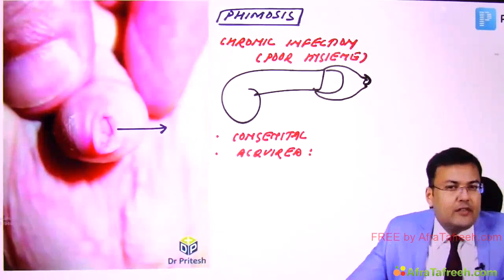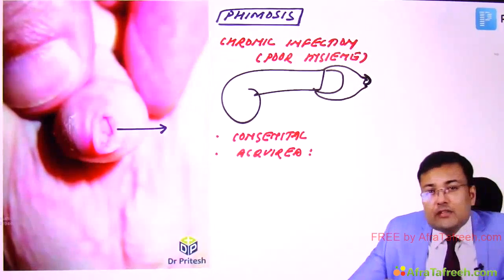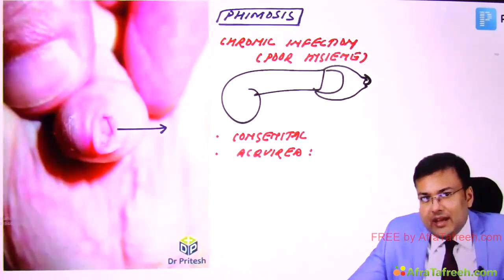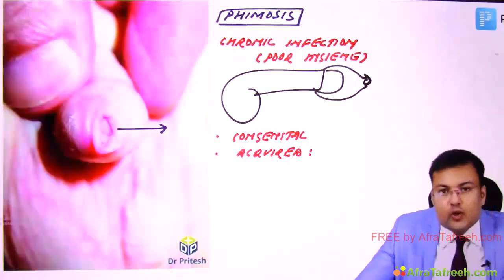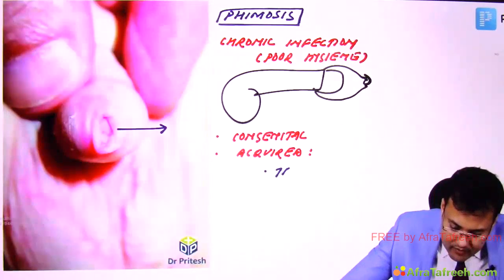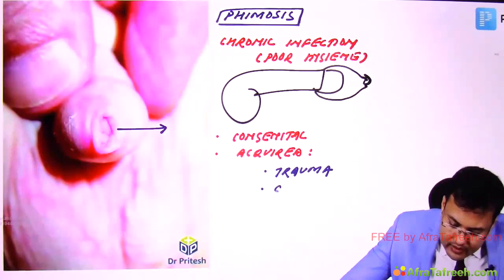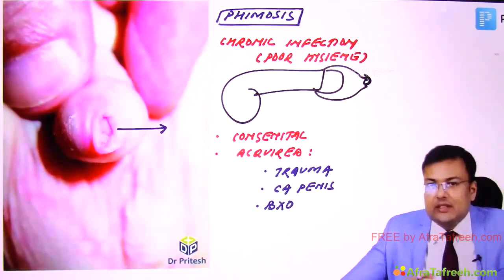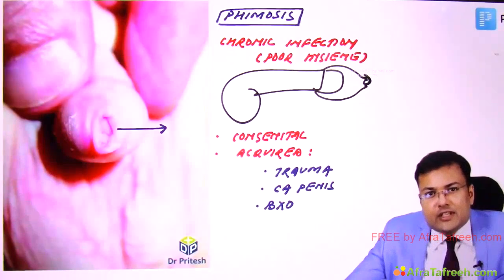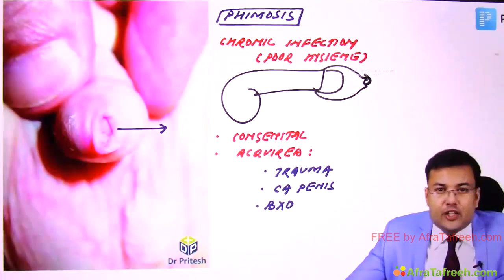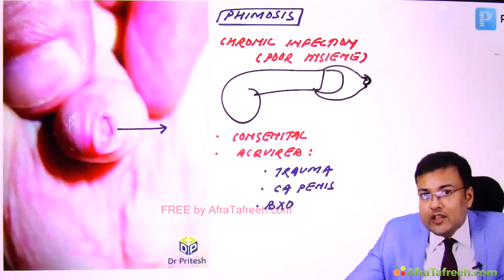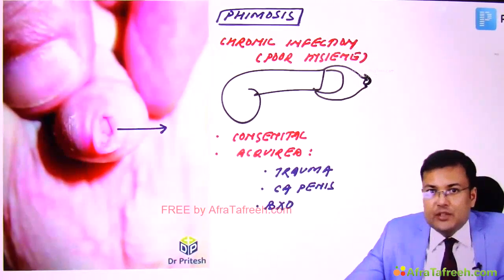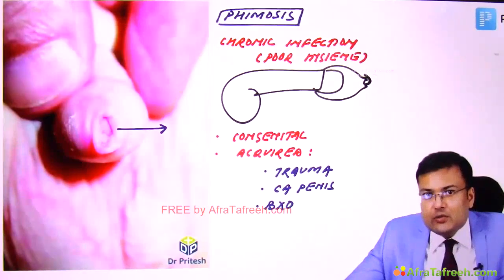It can be because of trauma, carcinoma penis, and balanitis xerotica obliterans (BXO). Phimosis increases the risk of carcinoma penis, and carcinoma penis can lead to phimosis. Both are related or associated.